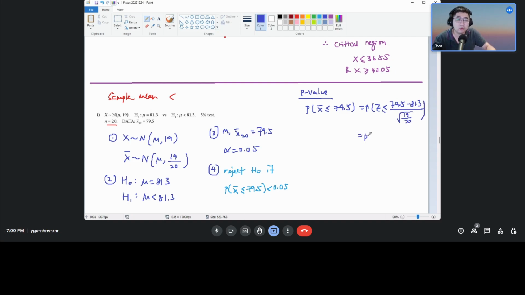So you can use your calculator. Let's see what value we get. Normal CD, negative 10, then 79.5 minus 81.3 divided by square root of 19 over 20.